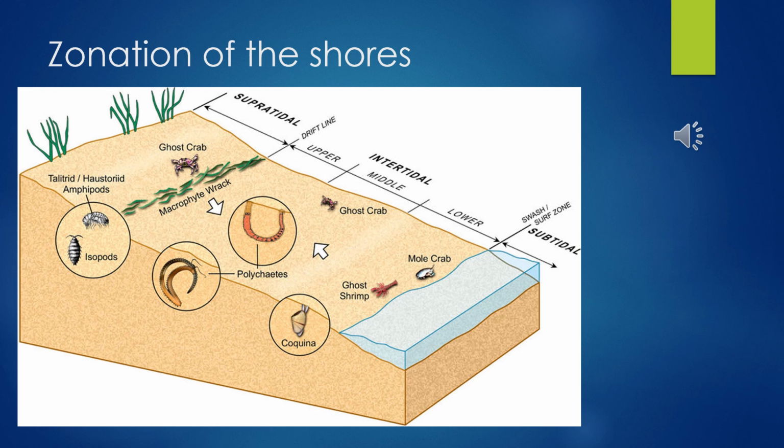Then the lower zone goes from the low water spring tide mark to the low water neap tide mark, so it's covered somewhere between 80% and 99%. In between, we have the middle zone, which is somewhere between 20 and 80% covered by water.